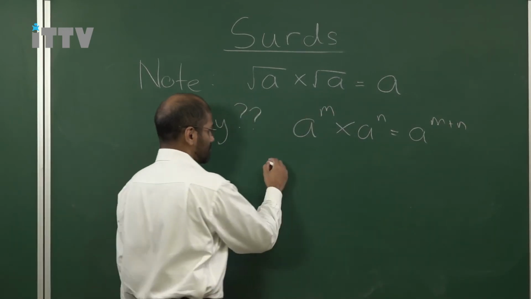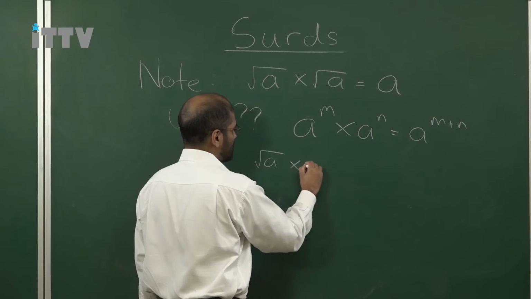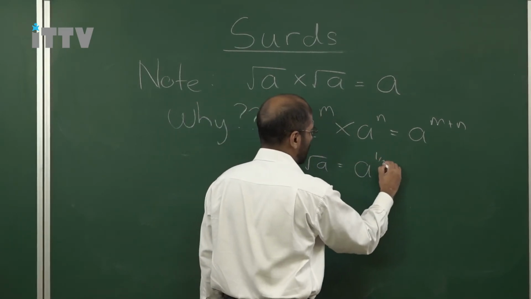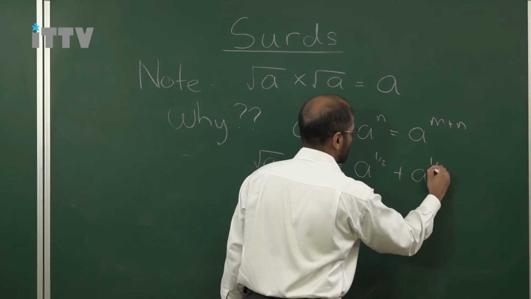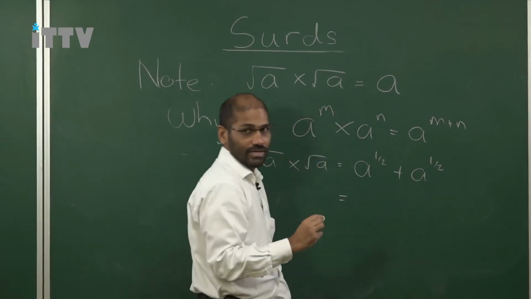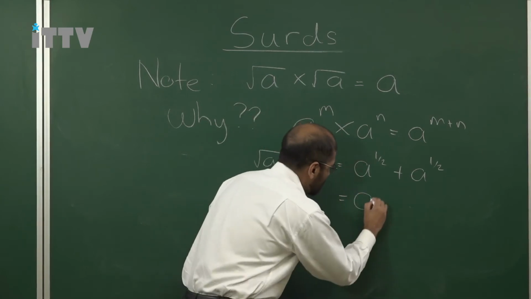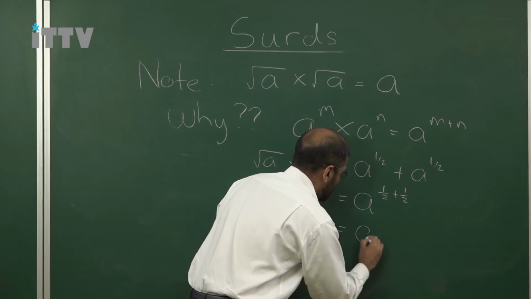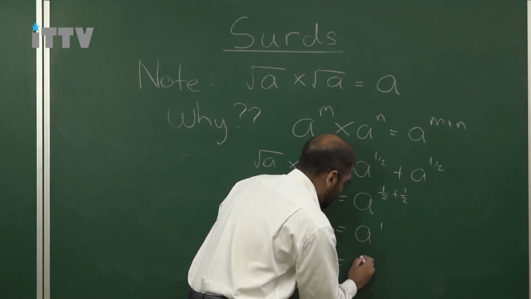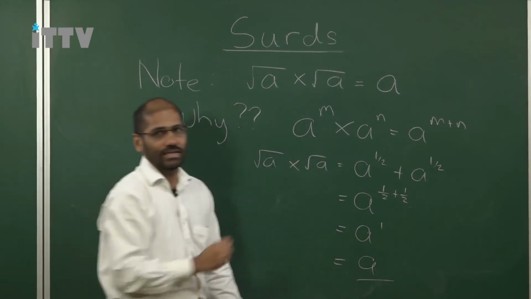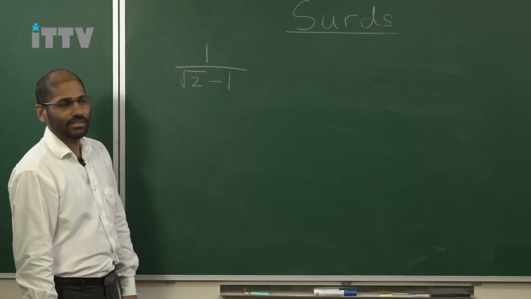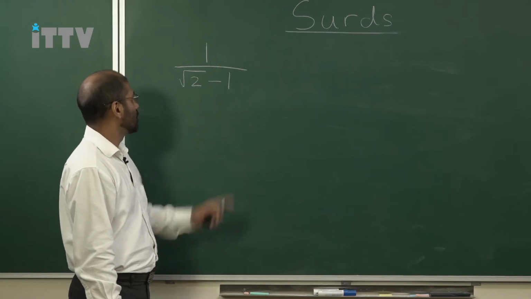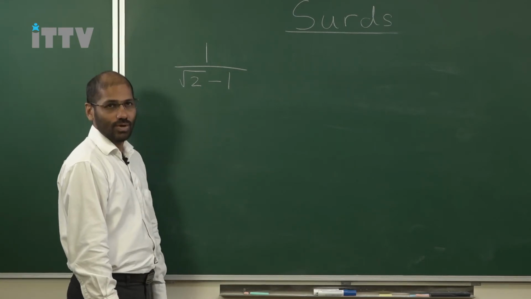Hence, surd a times surd a can be rewritten as a to the power of half times a to the power of half, giving us a to the power of half plus half, which is a to the power of 1, and that is just a. Okay. The next example would be to rationalize this expression here, 1 over surd 2 minus 1.